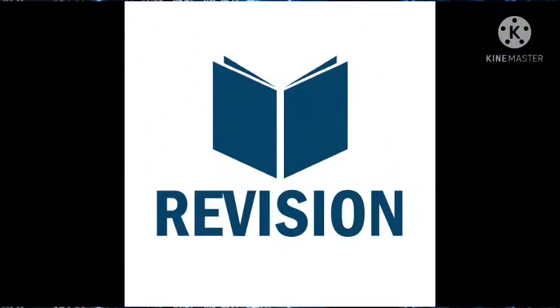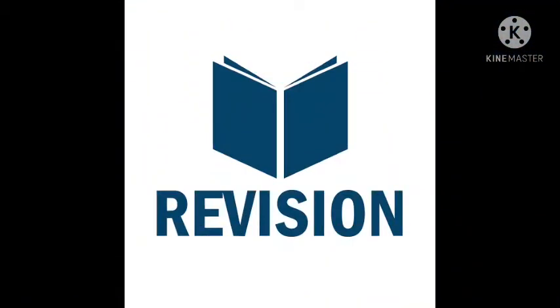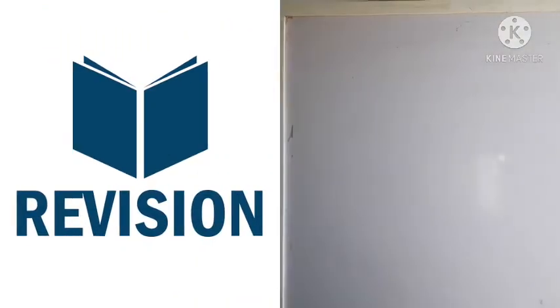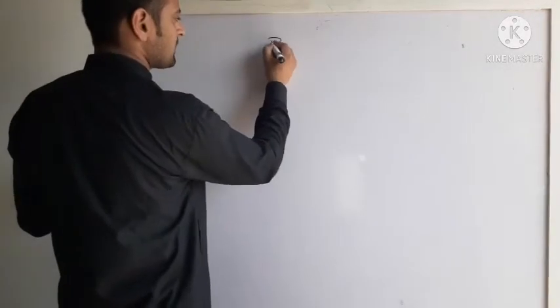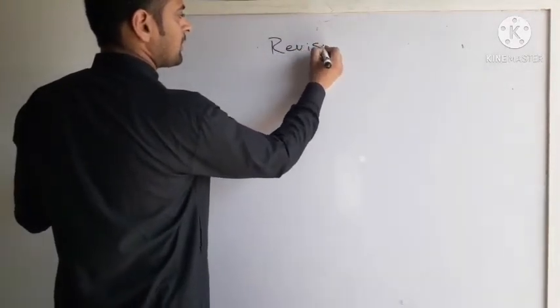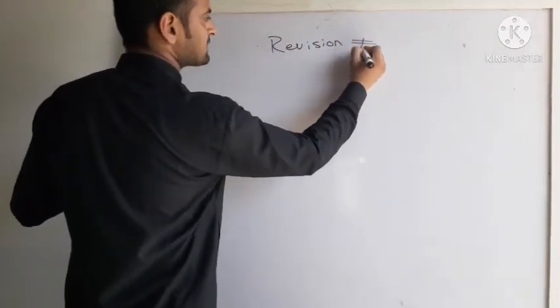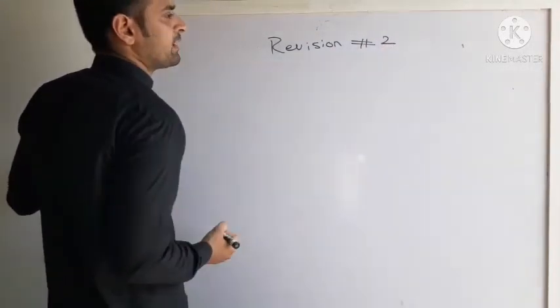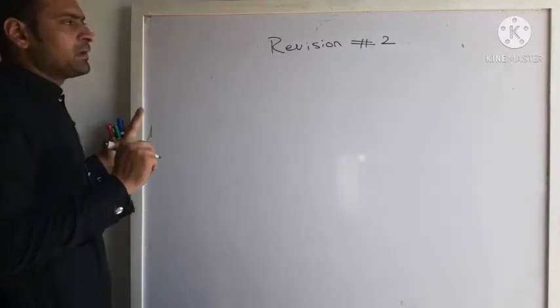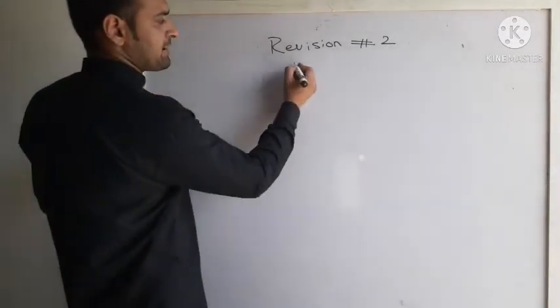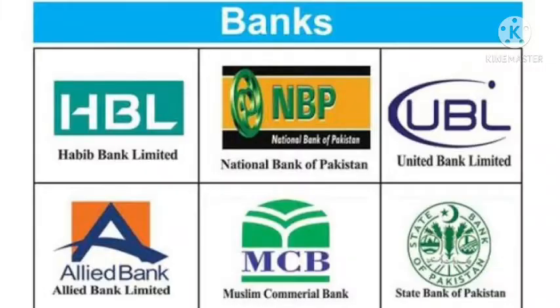So today we are going to start with the revision lessons again so that we have a much better grip on the subject. Okay students, today I'm going to start our second revision lesson of economics for all of you. As in the previous class we did money, now today we are going to discuss banks.